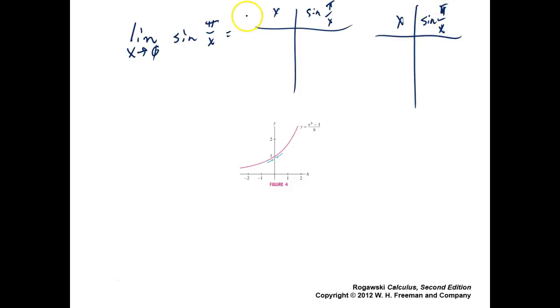If I ask you to give me some x's to plug in there, what would you give me?